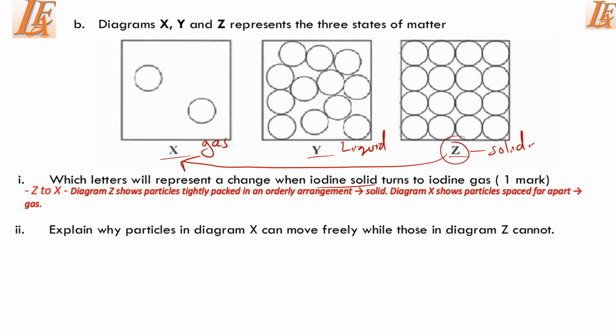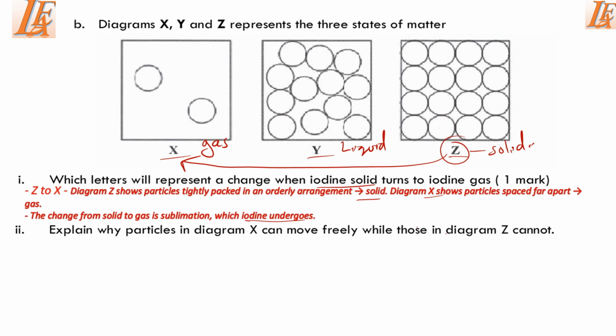And this is because Z shows particles which are tightly packed in an orderly arrangement, that is solid. Then diagram X shows particles spaced far apart, that is gas. Now the process where iodine changes from solid to gas directly is sublimation, and iodine undergoes that process.